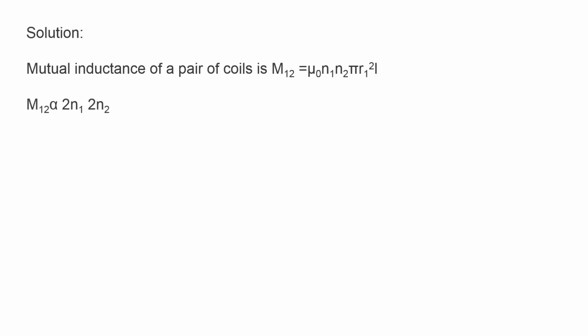If N1 and N2 are increased 2 times each, 2N1, 2N2, then M12 is proportional to 4 into N1 into N2. So the mutual inductance becomes 4 times. So the answer is option A, becomes 4 times.